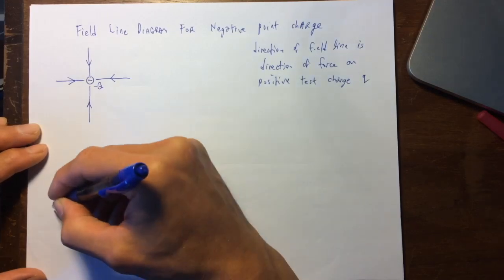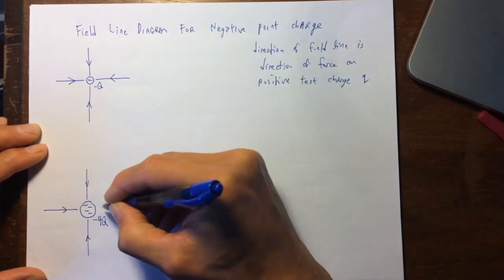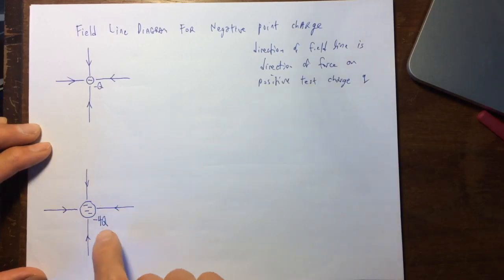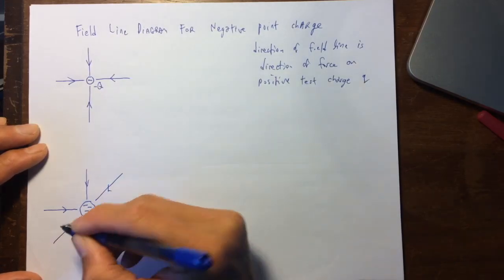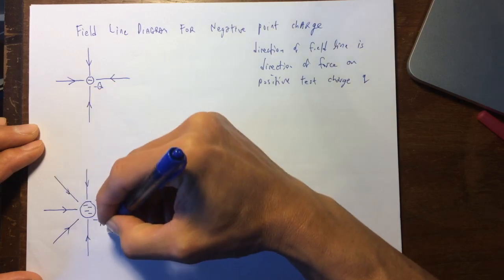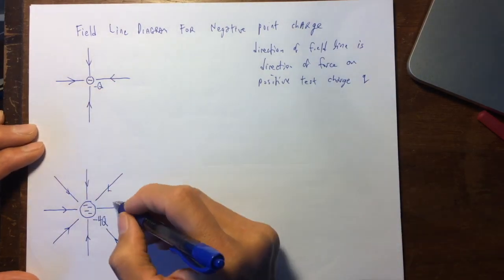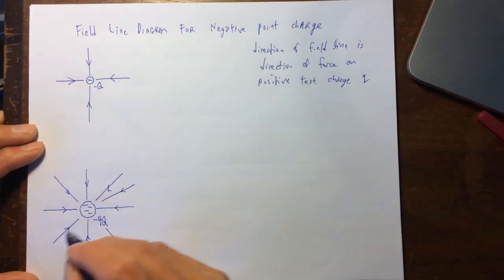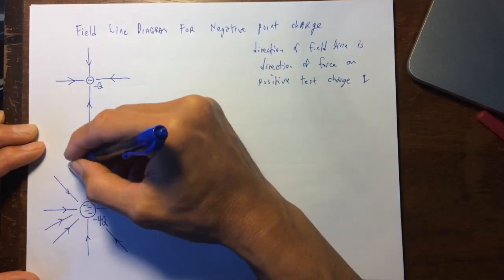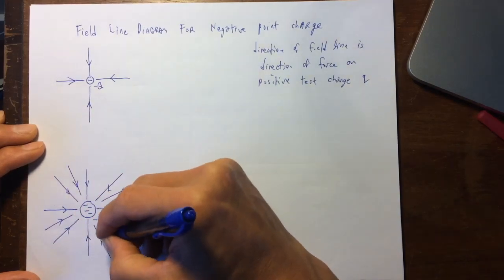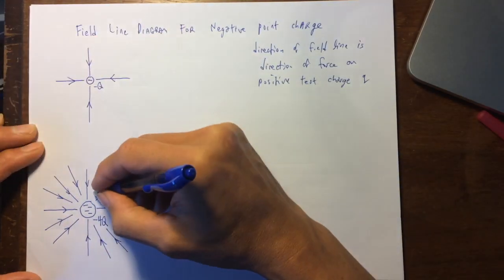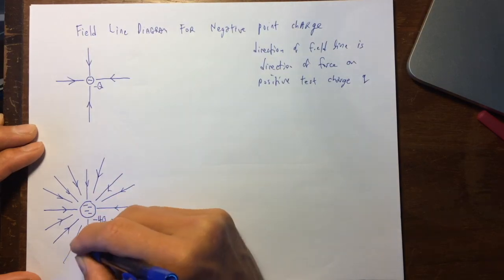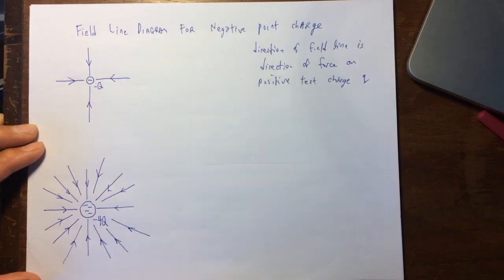I'll start by drawing the field lines of one of the negative 4q's, right? Here are the field lines of the second of the 4q's, and here are the field lines of the third, and here are the field lines of the fourth.